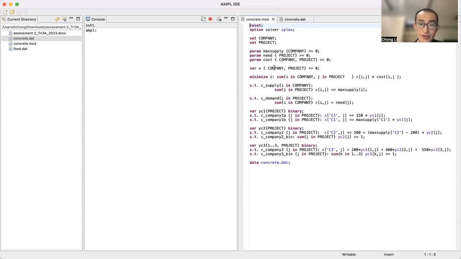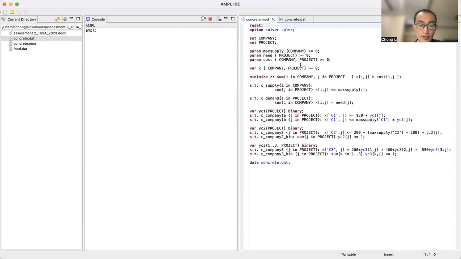Now for the third set of parameters, cost, for the company and the project, it means, for example, the cost for company i to supply 1 unit of concrete to project j, and this cost is non-negative in this problem.